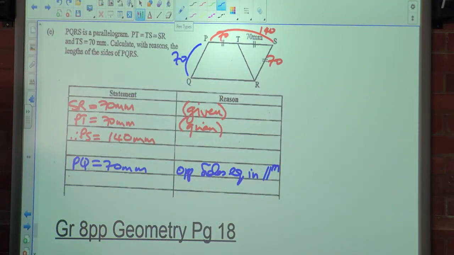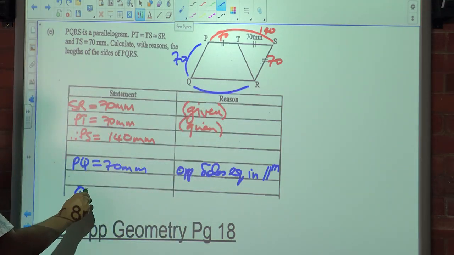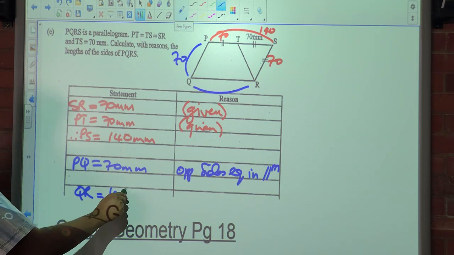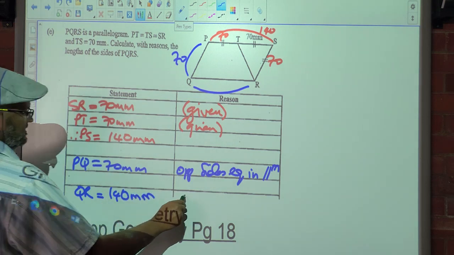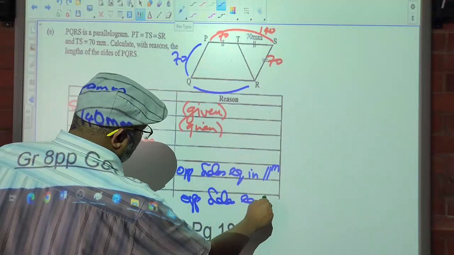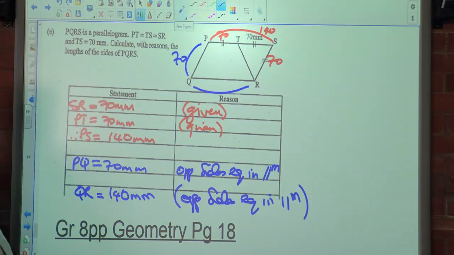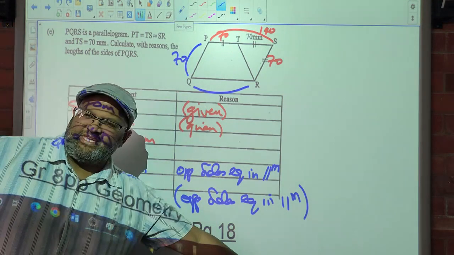Last one. QR is 140. Why? Opposite sides equal in a parallelogram. Okay. Should be getting easier now, no?